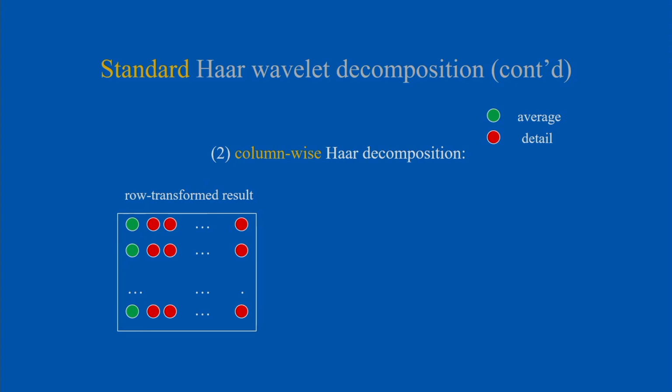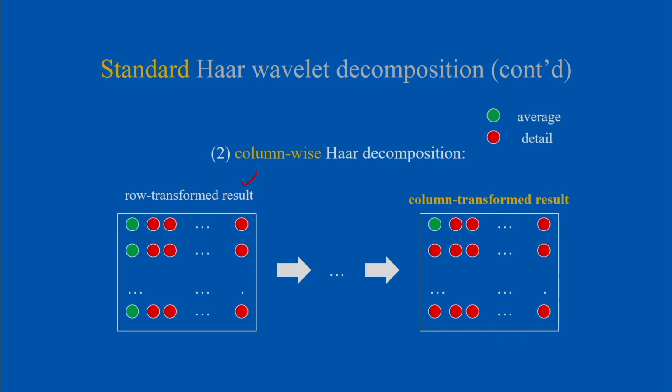After this, because we have the row transform result, I have to apply the decomposition along the columns. If I apply the decomposition along the columns, then you will be getting only this as the low frequency component, and the others, the red, are the detail coefficients.